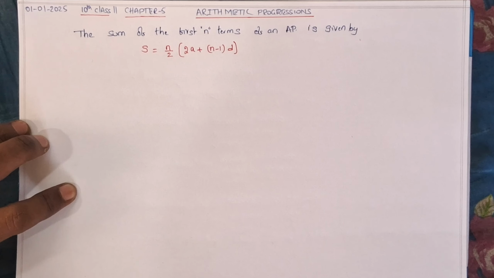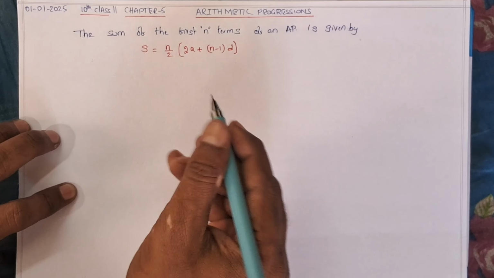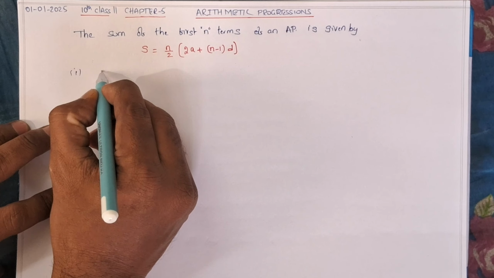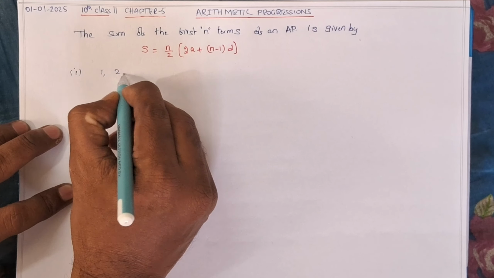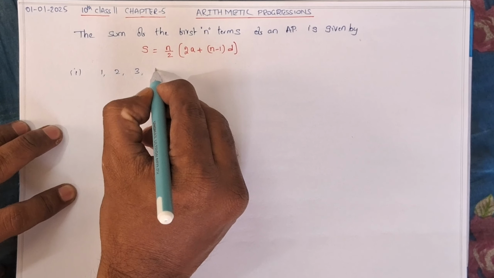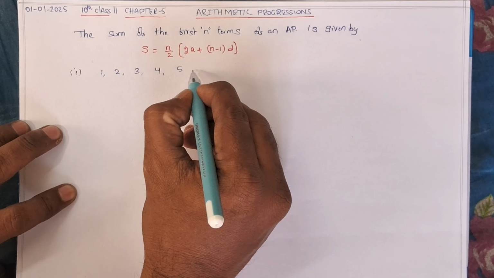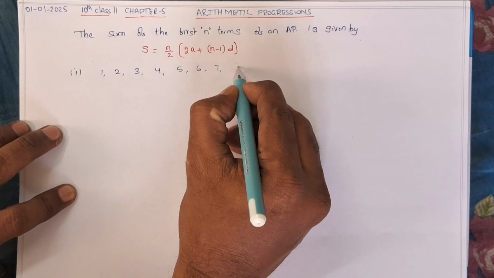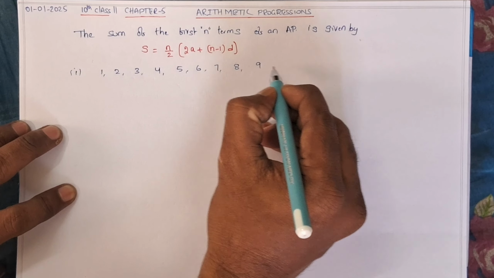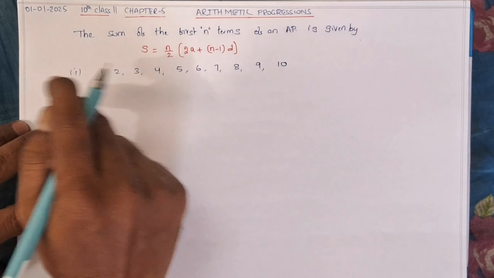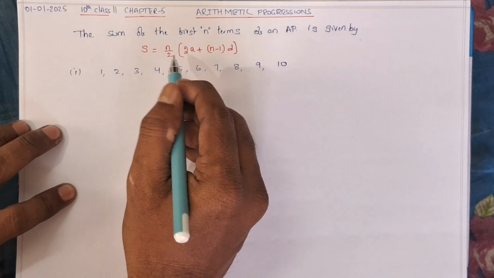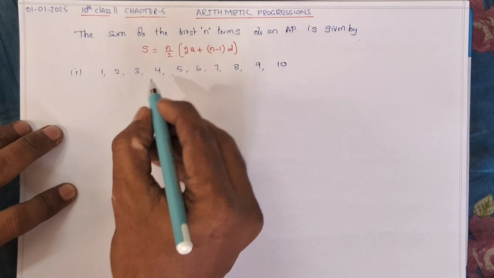We will find out whether this formula holds good or not. We will see some pattern. 1, 2, 3, 4, 5, 6, 7, 8, 9, 10. Total 10 terms are there. We are going to add by using this formula.